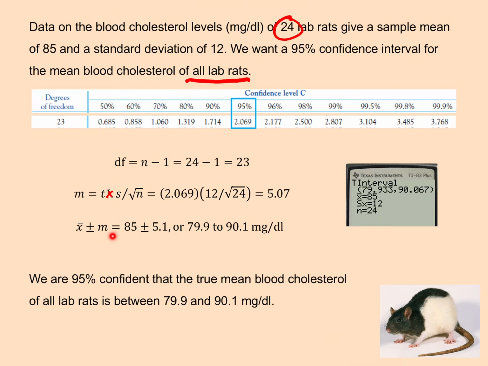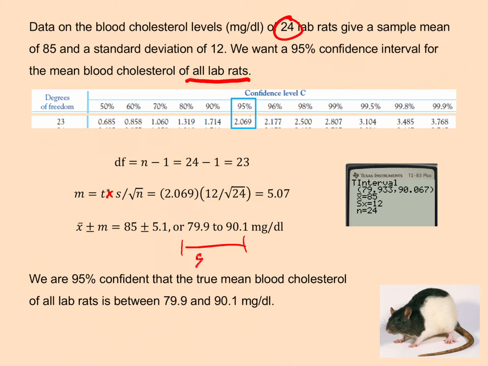So our sample mean of 85 plus or minus our margin of error of 5.1 gives us a confidence interval of 79.9 to 90.1. So 85 minus 5.1 is 79.9. 85 plus 5.1 is 90.1.